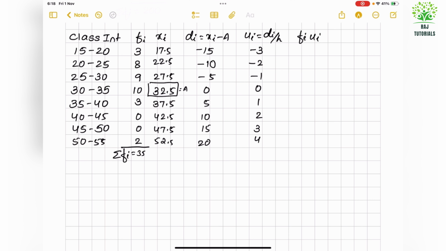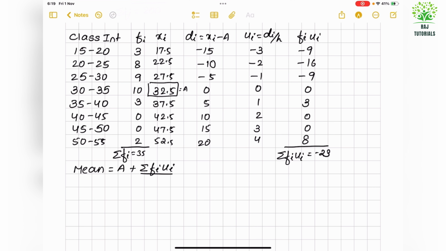So fiui is minus 9, minus 16, minus 9, 0, 3, 0, 0 and 8. So sigma fiui will be minus 23. So mean equal to a plus sigma fiui upon sigma fi into h.